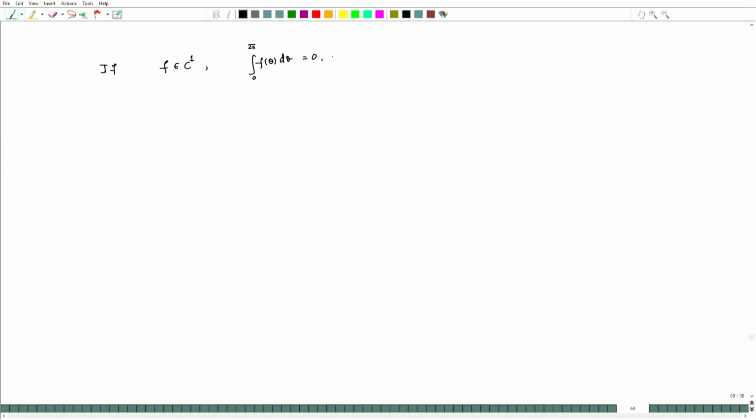Now, what happens if I take any g belonging to C1?